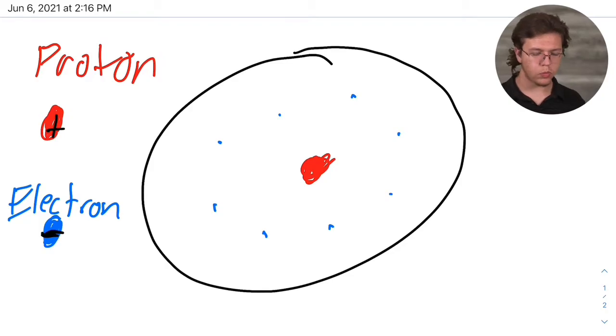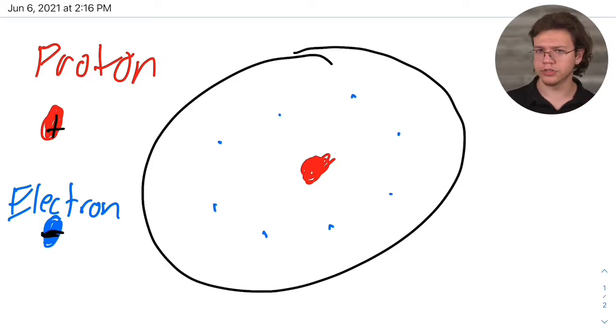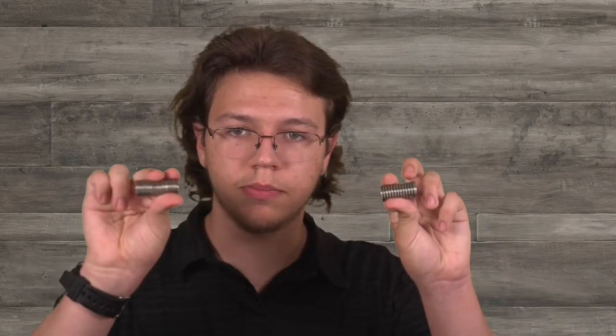So, what do these positive and negative charges have to do with each other? Well, you can think about it kind of like magnets. I have a couple magnets here already. A little magnet here and a little magnet here. On one magnet, you have a north side or a positive side, and on the other a south or a negative side. If you stick those opposite sides together, they want to stick together.